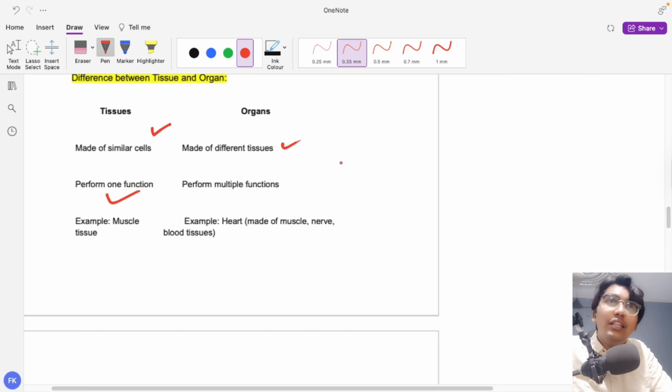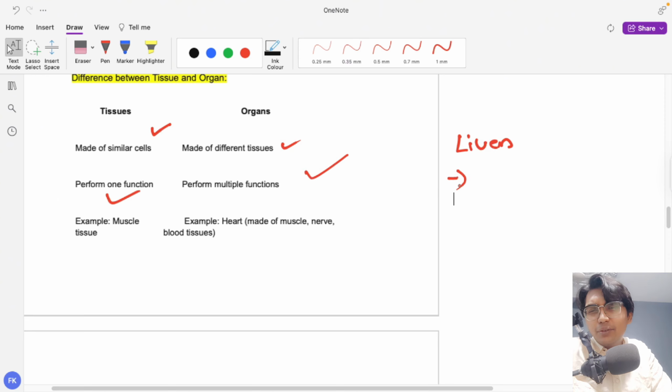For example, liver is an organ, right? Now tell me, what is the function of liver? You guys should know about this thing. The function of liver is to store glucose in the form of glycogen, so it functions as a storage too.